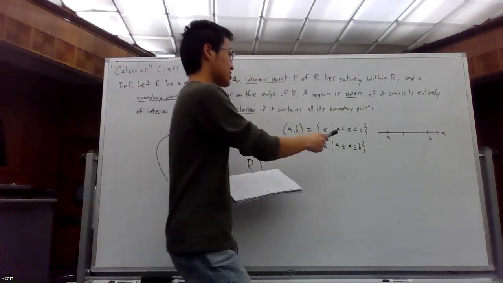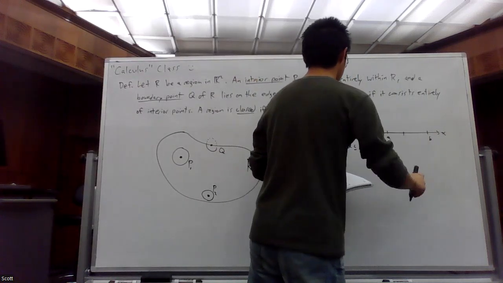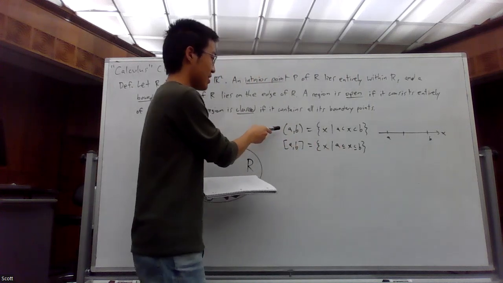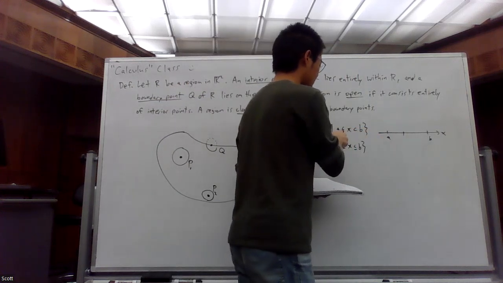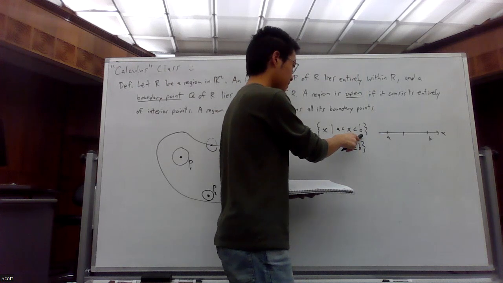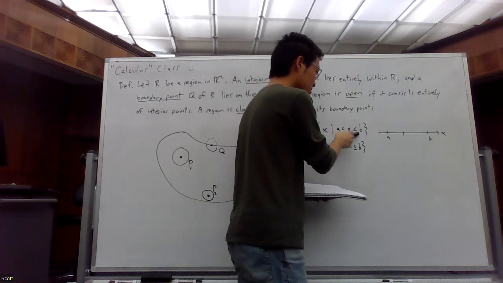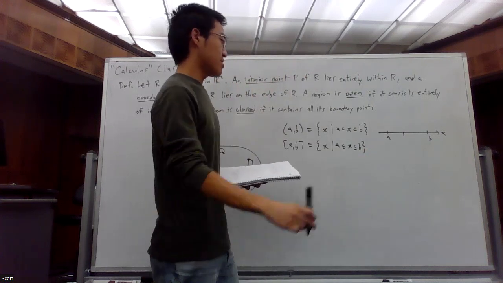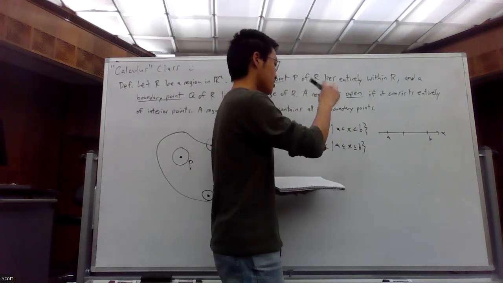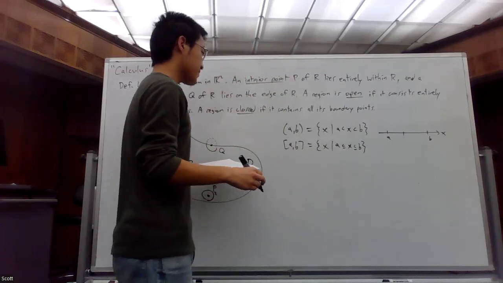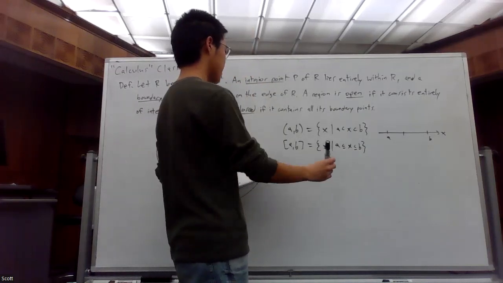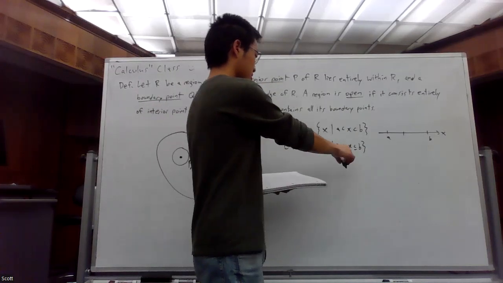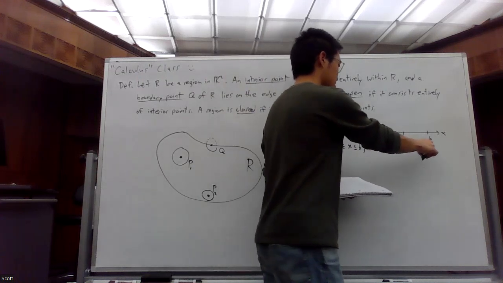And the boundary point is going to be A, and the boundary point is going to be B. This is open because we're excluding those boundary points, which means that every single other element in this set acts as an interior point. This is alluding towards something we call supremum and infimum, but that's for a future semester. Closed. Now we're including those boundary points.